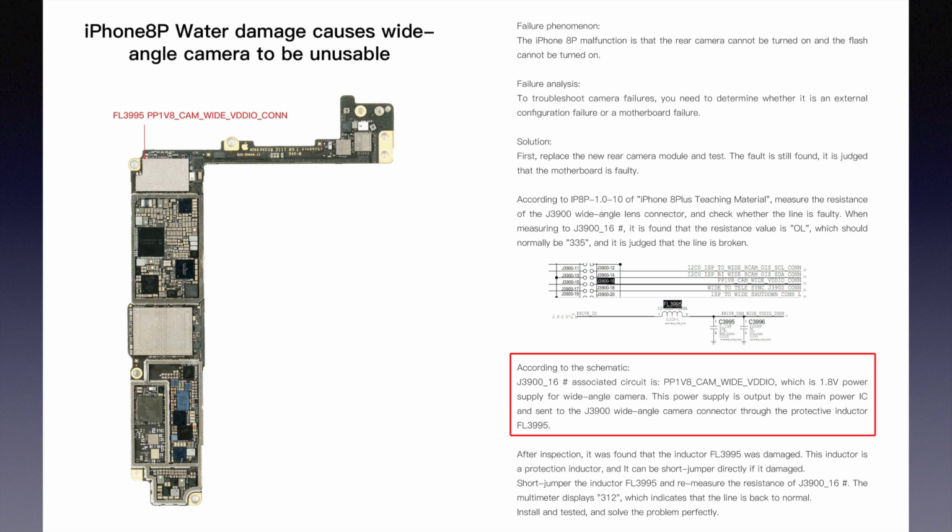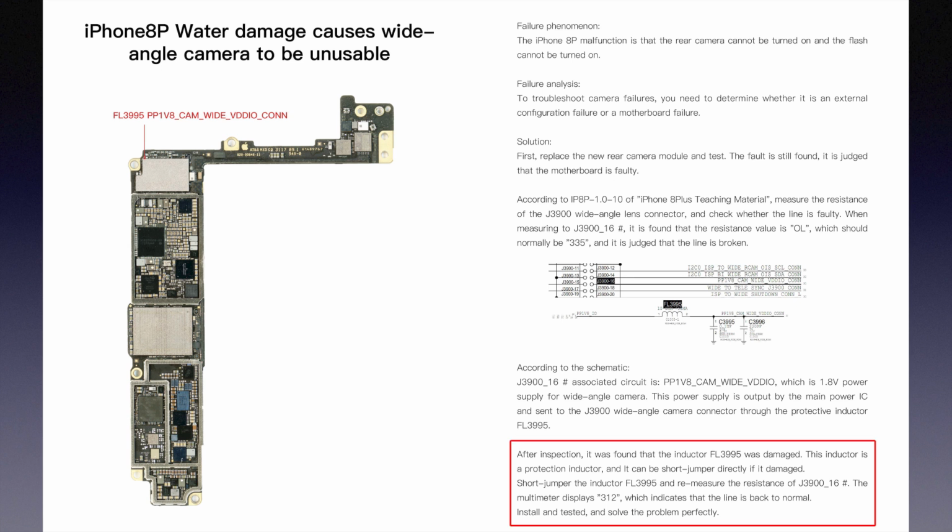This power supply is output by the main power IC and sent to the J3900 wide-angle camera connector through the protective inductor FL3995. After inspection, it was found that the inductor FL3995 was damaged.